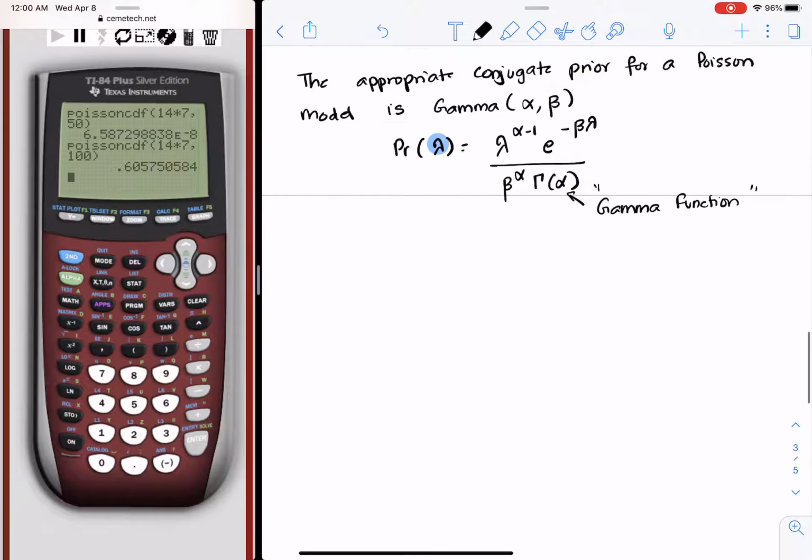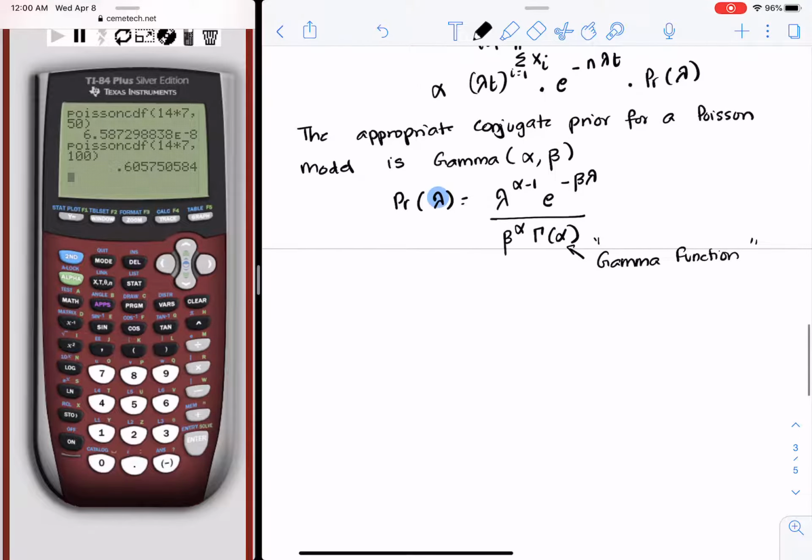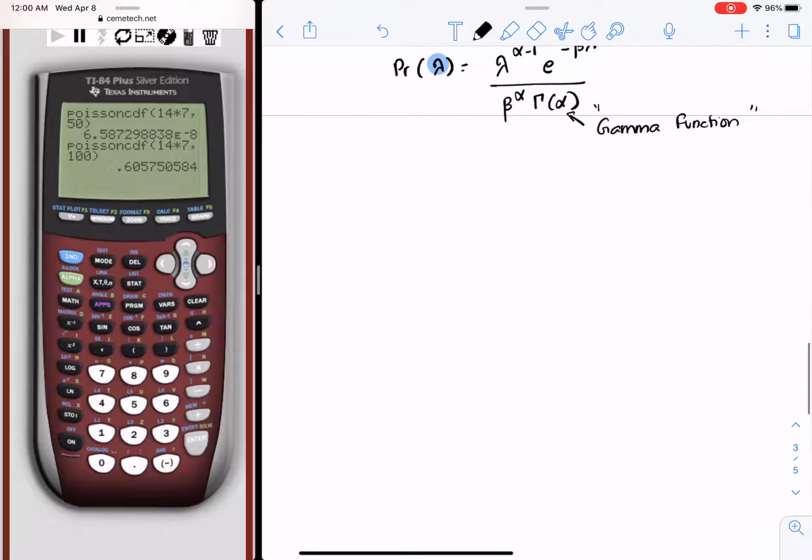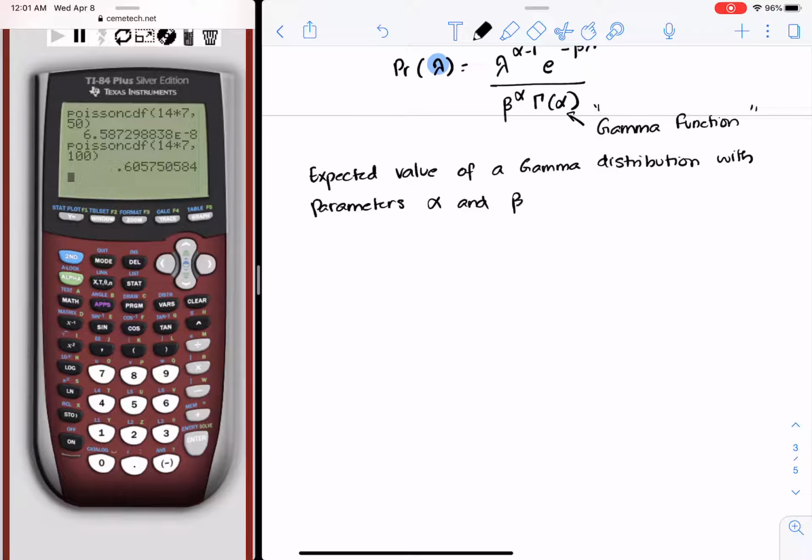So the likelihood is defined using that density, and the expected value with parameters alpha and beta is alpha times beta.